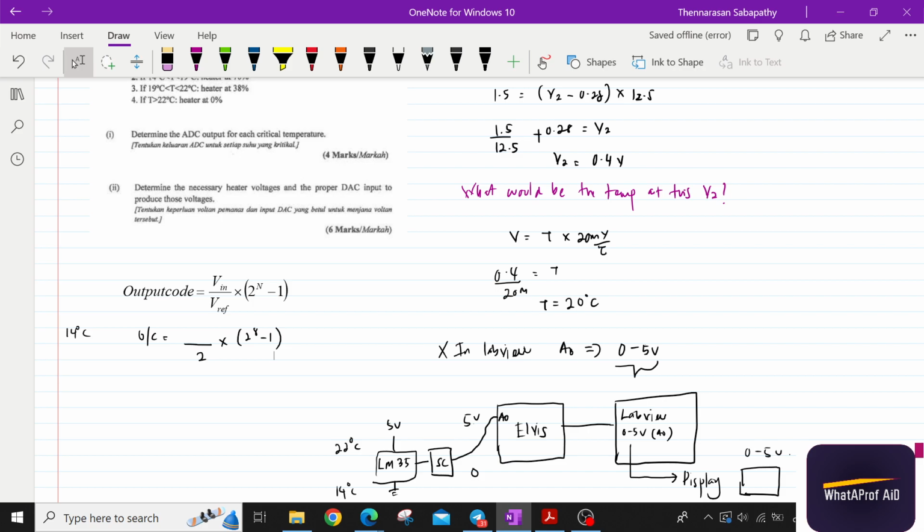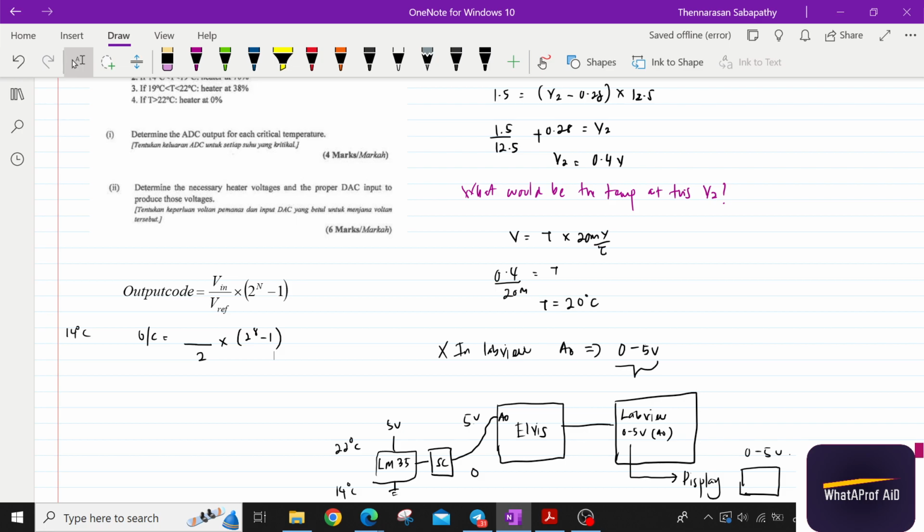I just wanted to confuse you. It's 0, not 0.28, because the V in over here is not from the output over here. This is after the signal conditioning. After the signal conditioning, we have 0 to 5. So 14 degrees Celsius means, for the signal conditioning, it is 0.